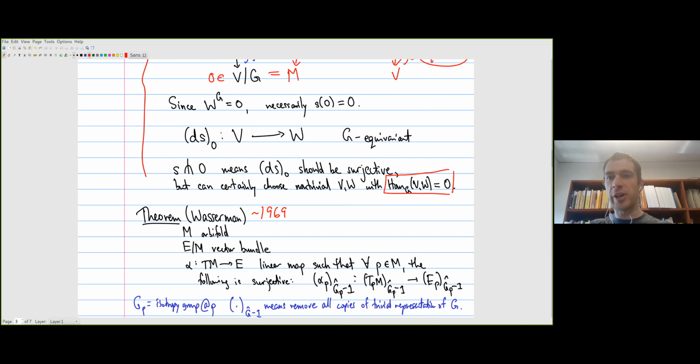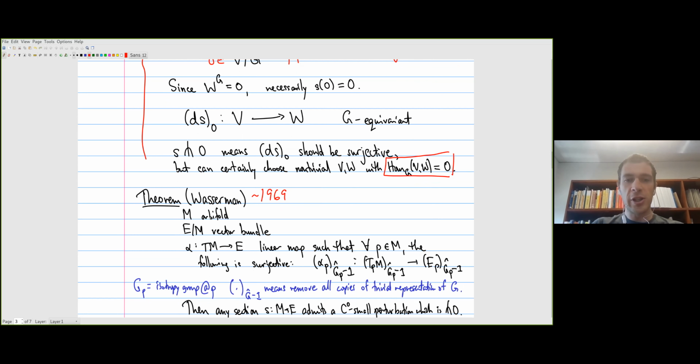So there's only a non-trivial condition at the points where there's non-trivial isotropy. And it basically gives T_pM a fighting chance of surjecting onto E_p via the differential of a section.